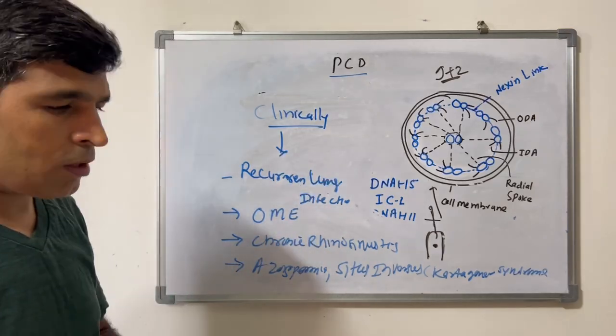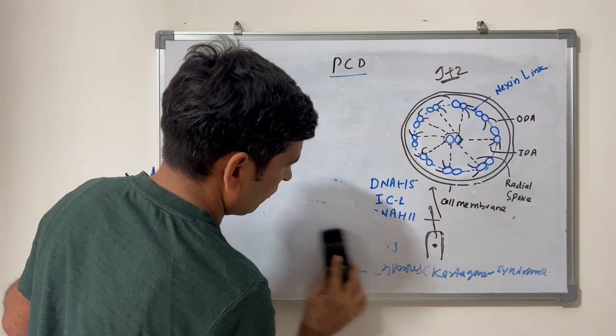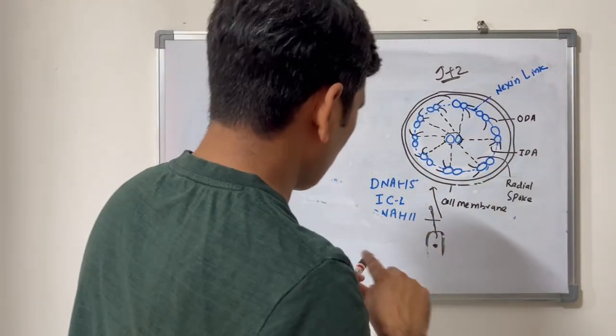Then what genetic mutation leads to this defective ciliary motion?